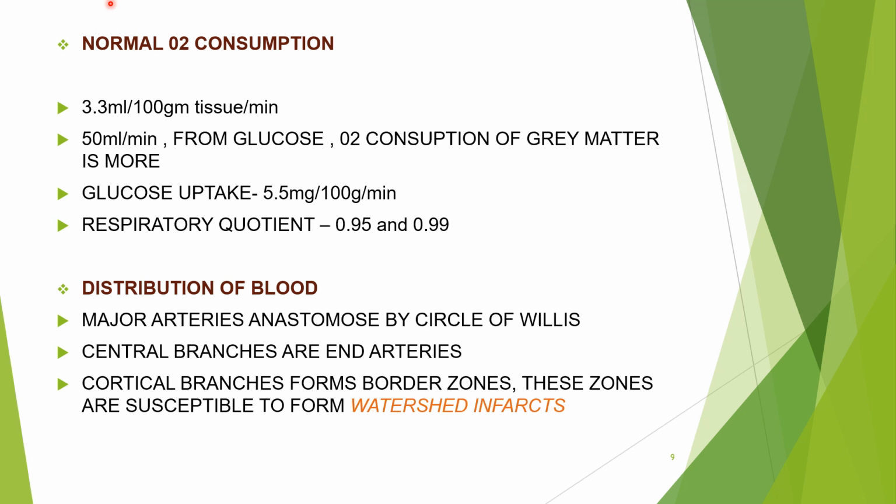Whereas posterior watershed infarct results from inadequate perfusion of the border zone between the supply of the middle and posterior cerebral arteries. An infarct in that area leads to partial visual loss and some language problems.